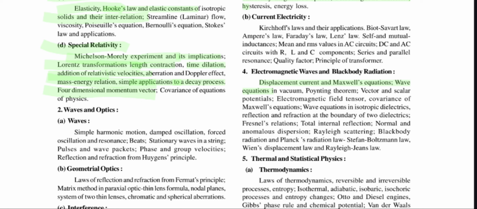Here you see wave and optics. So wave: simple harmonic motion, damped oscillations, forced oscillations and resonance, beats, stationary waves in a string, pulses and wave packets, phase and group velocities, reflection and refraction, Huygens' principle.